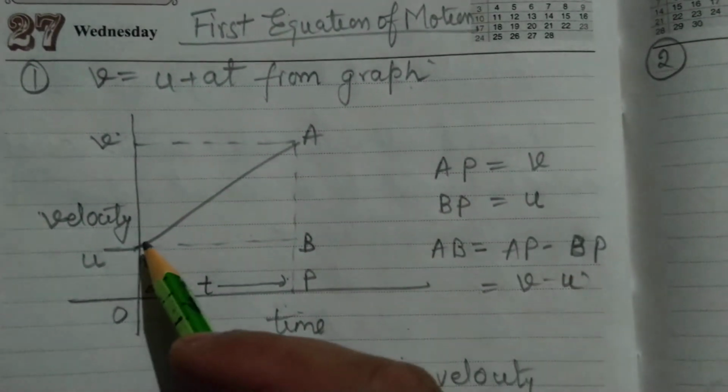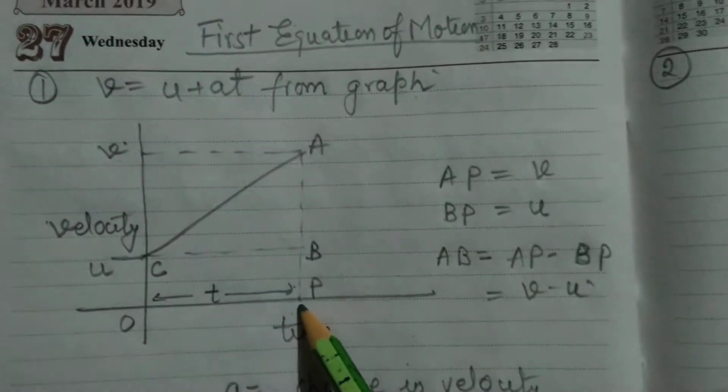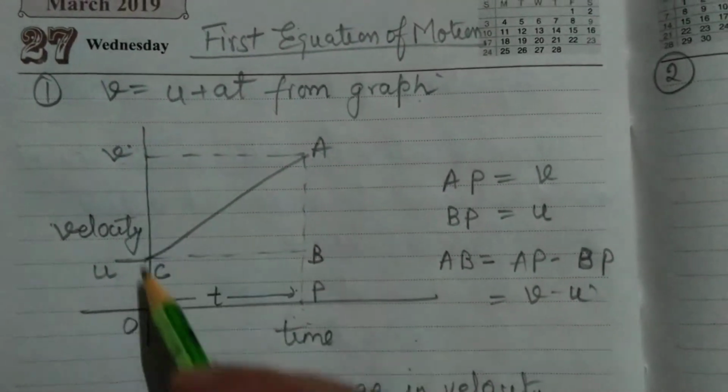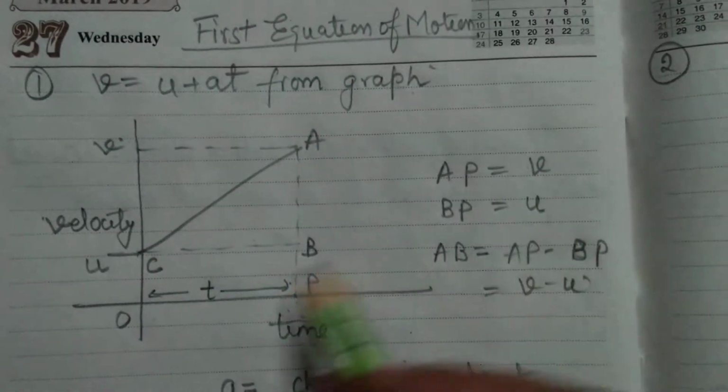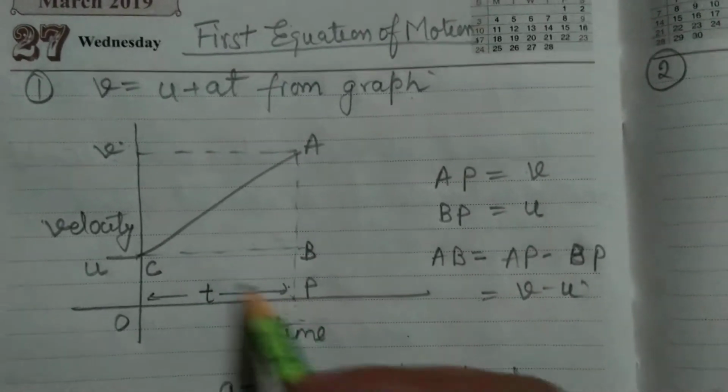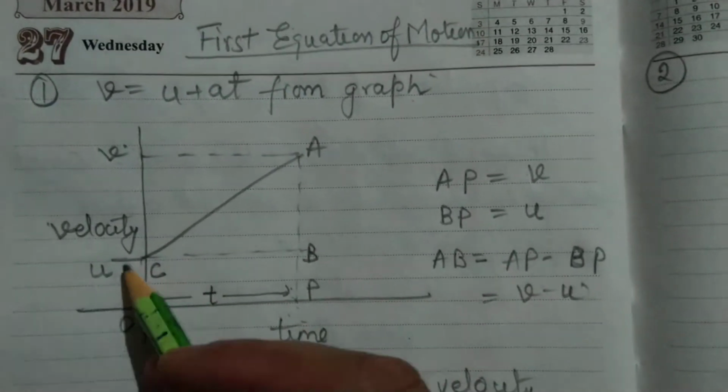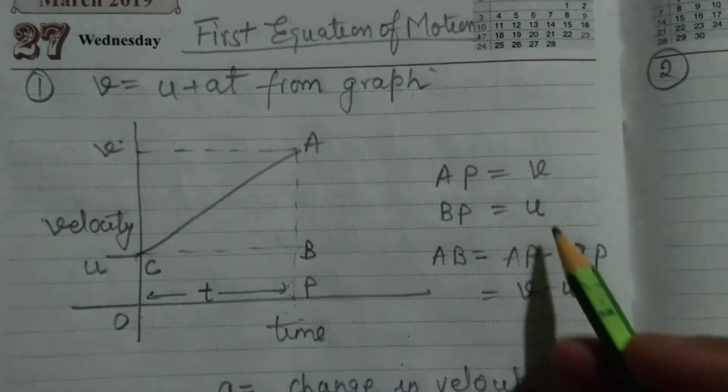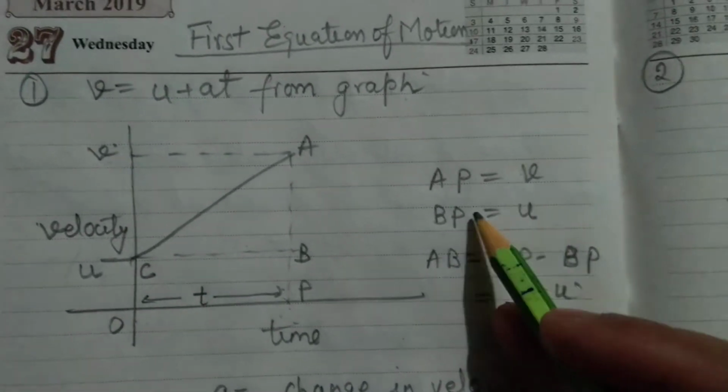So here AP is the V velocity, that is the final velocity. BP is equal to this much, so it is U. So initial velocity is BP.